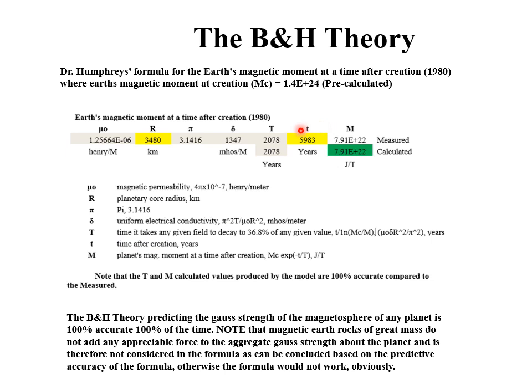Time after creation: 1980 will come to 5983 years after creation, and then the final value, which would be the planet's magnetic moment at a time after creation, and this is the formula. The M naught stands for the pre-calculated value for the beginning, for when the planet was first created. Note that the T and M calculated values produced by the model are 100% accurate compared to the measured. Okay, 100% accurate here.